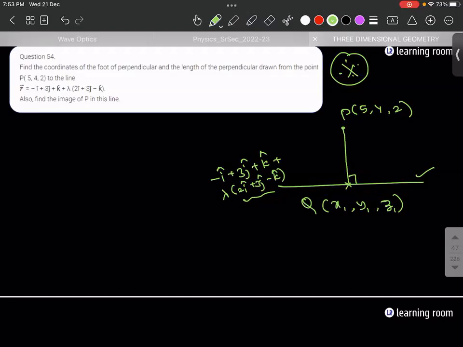So with B vector only we have to do. So we have to find direction cosines. No, see, when I did with B vector also, this lambda was there. Since the right hand side was 0, I didn't write that lambda. I did with B only. I didn't do it with A. Okay, sir.